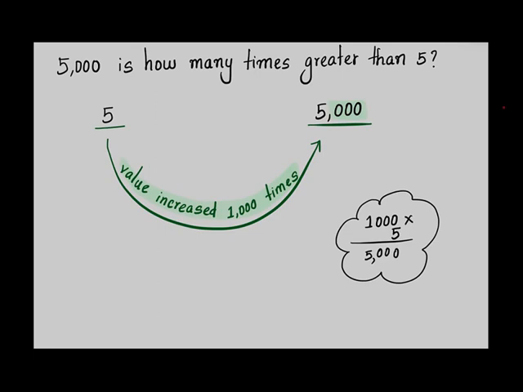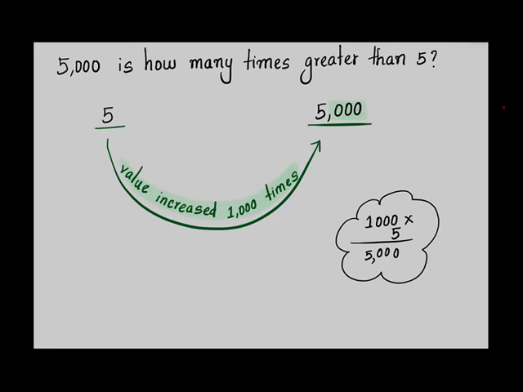Now let's see, 5,000 is how many times greater than 5? So 5, when we multiply it by 1,000, we get 5,000.